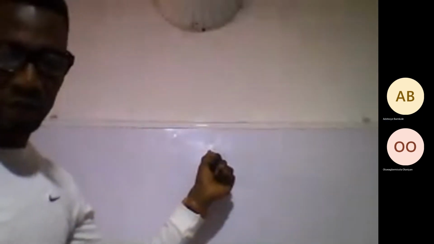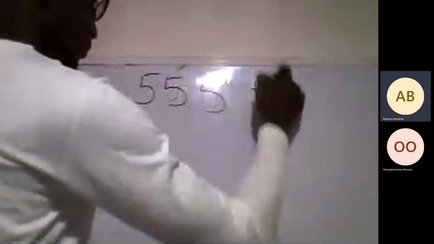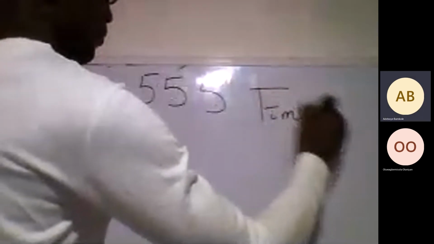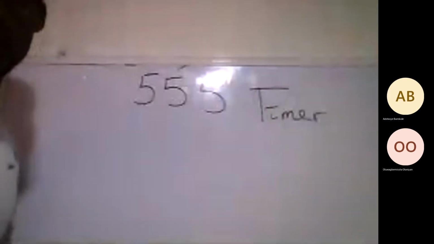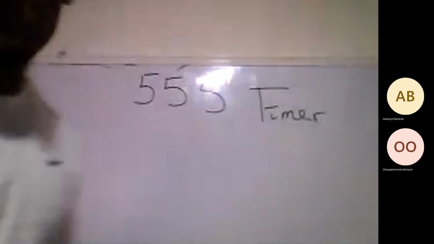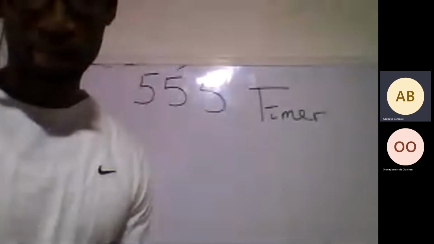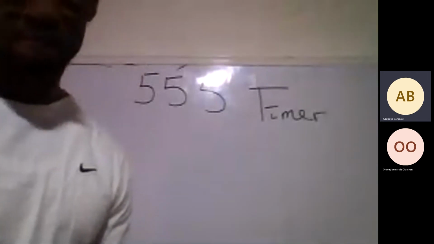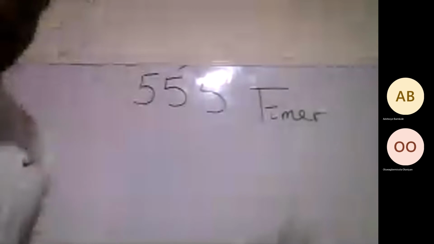Yes, sir. You can see? Yes, sir. Can you see what's on the board? I can only see 555 timer. I didn't see the remaining part. I only see 555 timer.